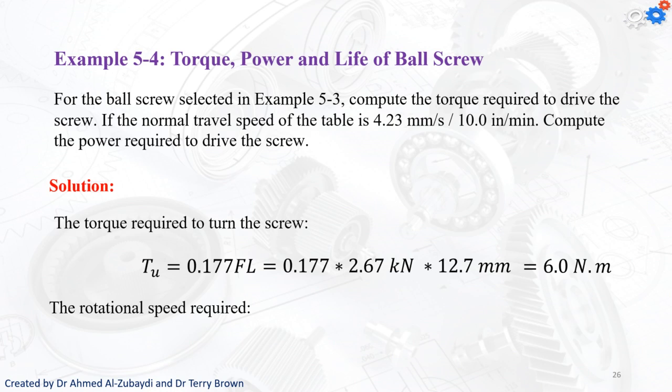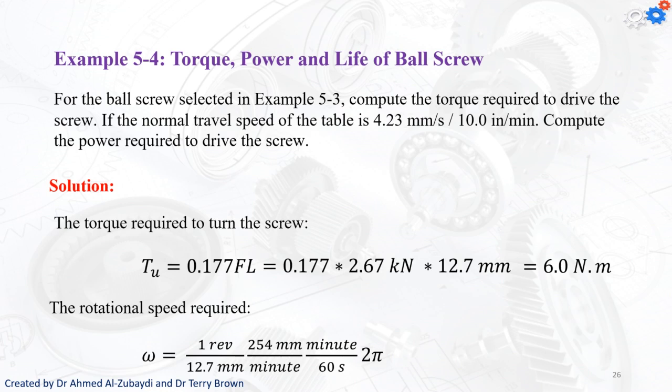So we can put that in one equation to say that omega is equal to one revolution, which gives me 12.7 millimeters, with 254 millimeters per minute. And we know that the minute is divided by 60 seconds, multiplied by 2 pi. This will give me the value for omega equal to 2.094 radians per second.